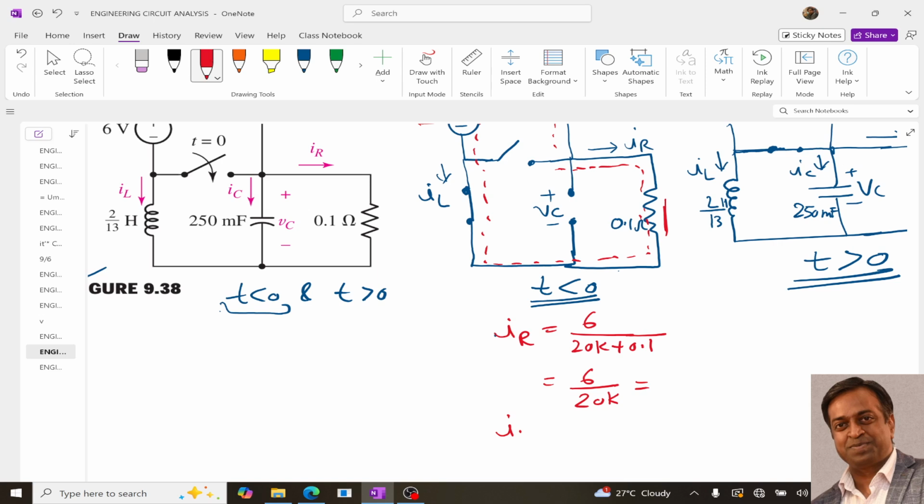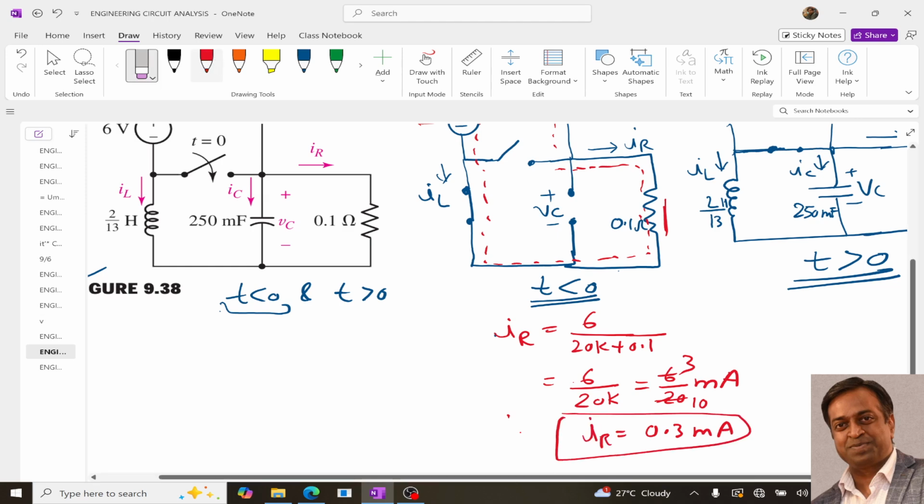6 by 20 milliampere, which is 0.3 milliampere. So our IR is equal to this.